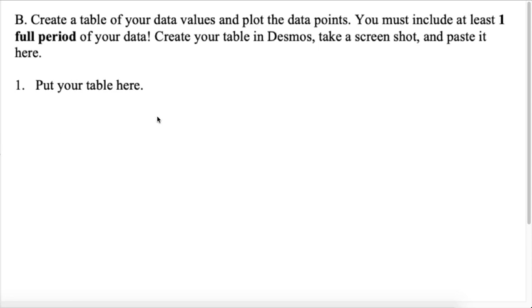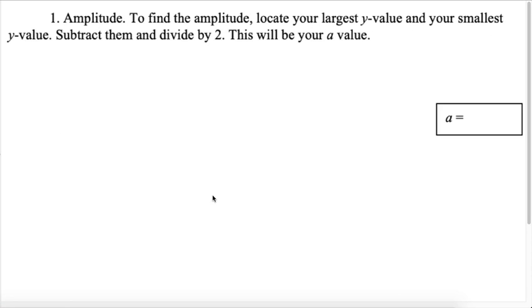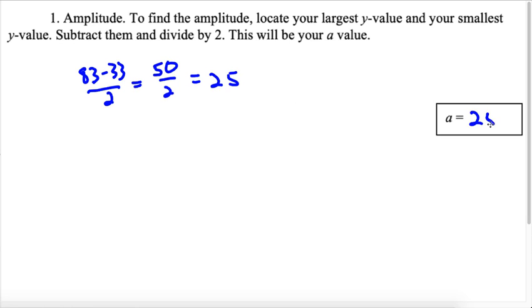So 83 minus 33 is 50, divided by 2 is 25. So my A value is going to be 25.